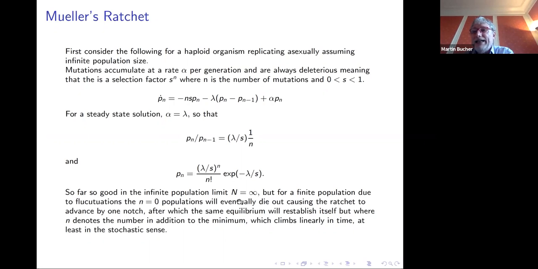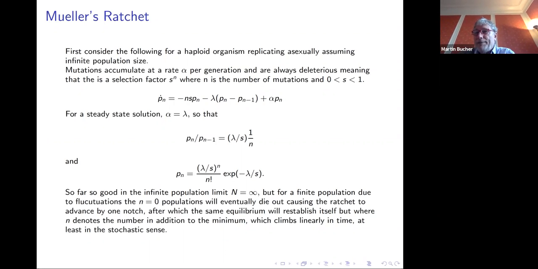So there's a finite pristine, no-mutation population with P0 non-zero, but it fluctuates. And then at some point, it'll fluctuate to zero. So that's a turn of the ratchet.